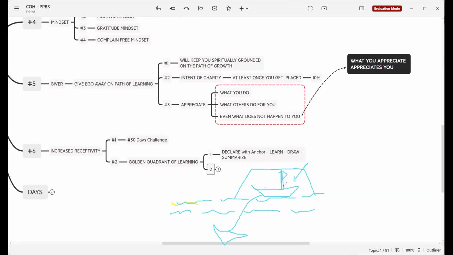So focus is part of your body mind, and thoughts are part of your body mind, so your anchor has to be part of the body mind too.